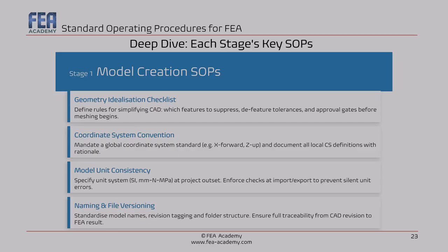Define the global coordinate system at project kickoff. Document it in the analysis plan and review it as the first item in every peer check. And the same for the local coordinate systems. Document them, define them in advance. Okay? So take time to scan this SOP table covering the stage 1 model creation SOP.